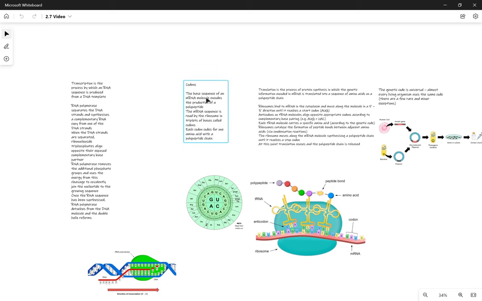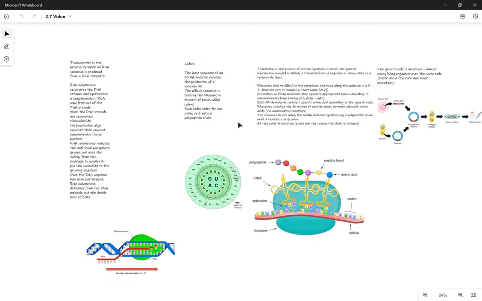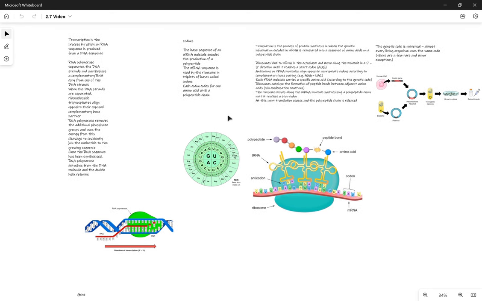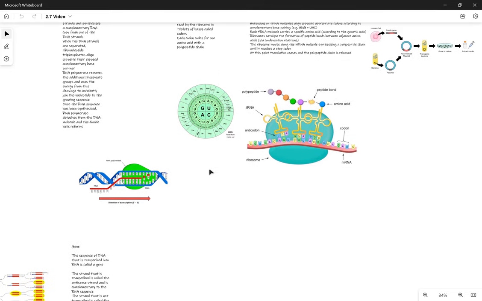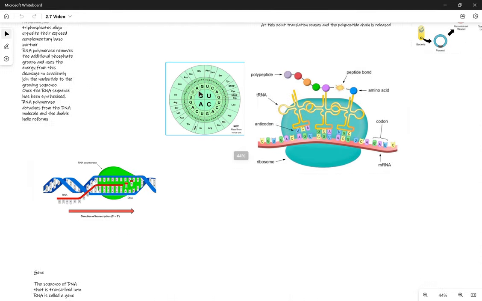Codons are 3 base pairs, so the base sequence of an mRNA molecule encodes for the production of a specific polypeptide. The mRNA sequence is read by the ribosome in triplets of bases called codons. Each codon codes for one specific amino acid within a polypeptide chain. So you can use a key like this, or sometimes you'll see it in a table.